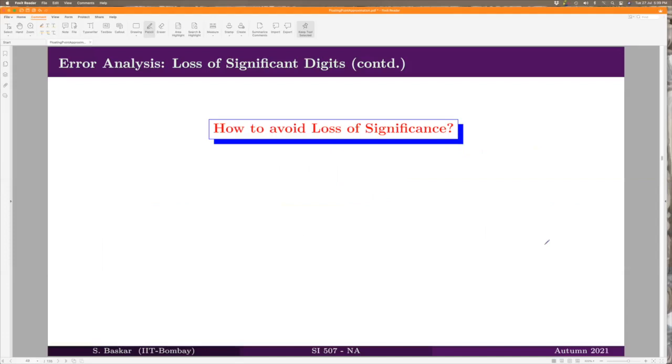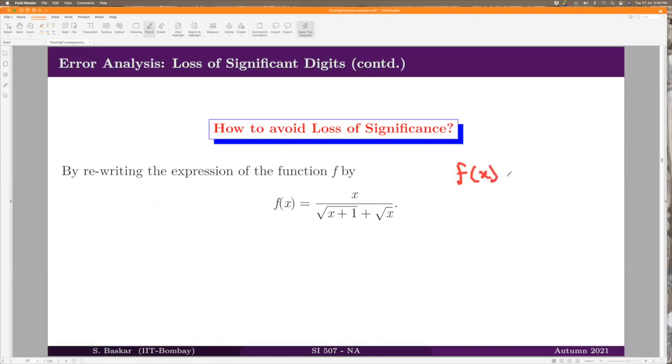Well, we can rewrite certain expressions that we are using in our calculations, if possible, to avoid the loss of significance. For instance, your function f of x equal to x into root of x plus 1 minus root x can also be written like this mathematically. There is no problem, right? You can easily see, you rationalize it, and you can write this expression equivalently like this.